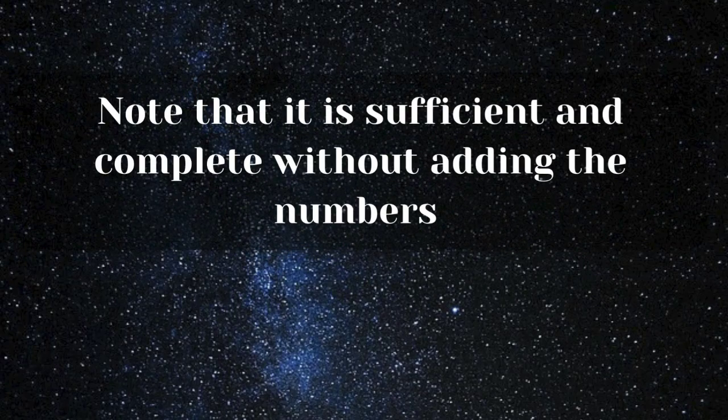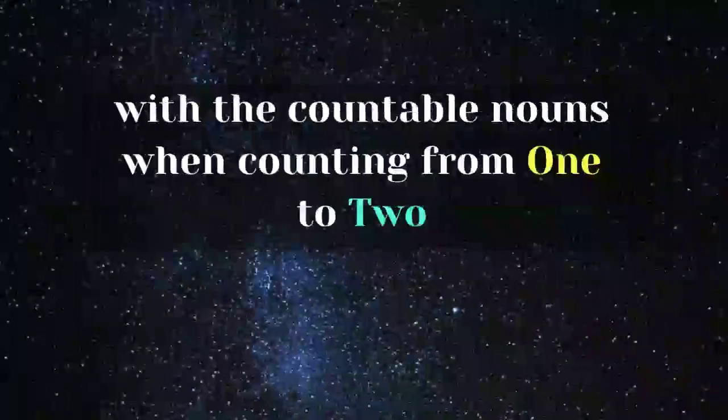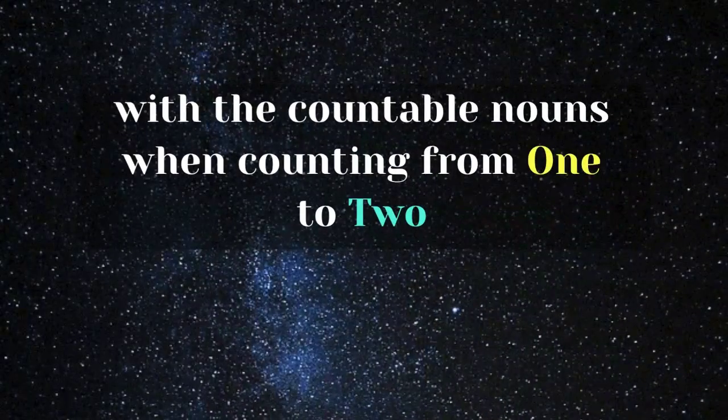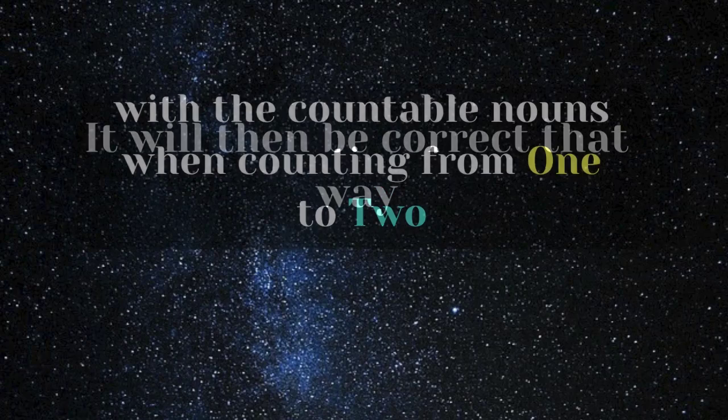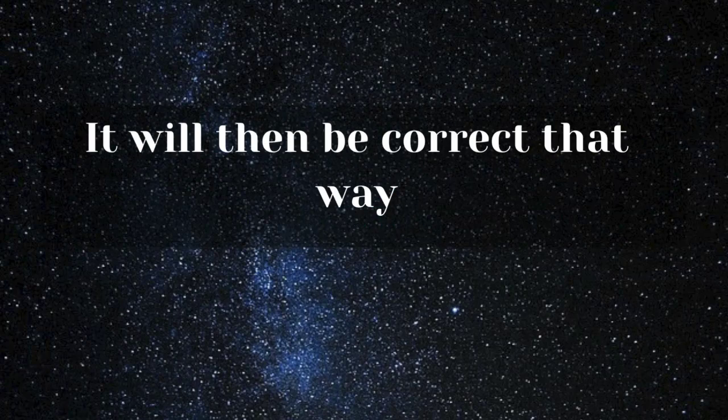Also note that this is sufficient and complete without adding the numbers, when the counting is done from 1 to 2. So there will be no need to add the numbers.